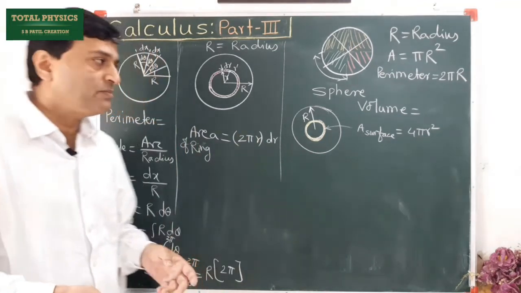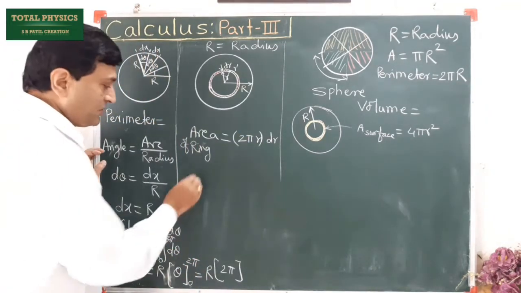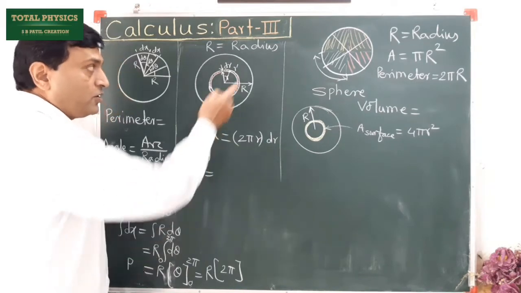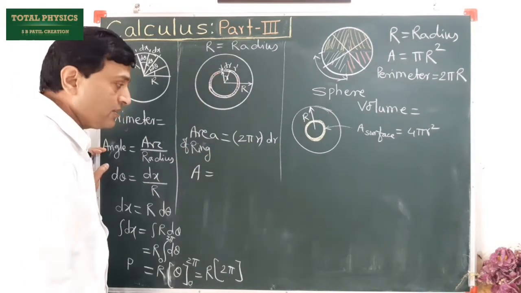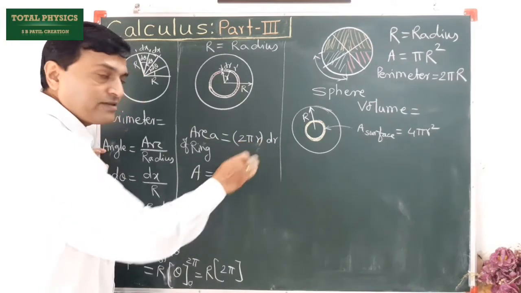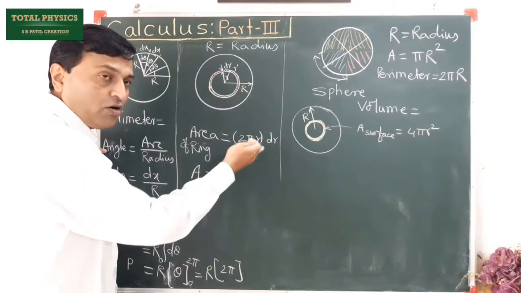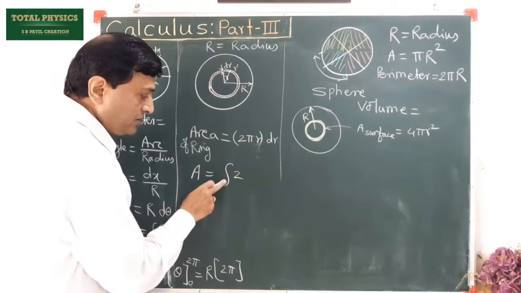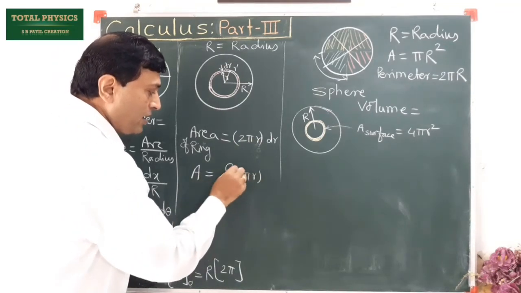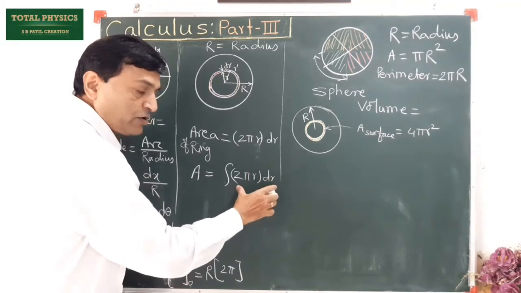That problem can be solved by integration. Means the total area of all small rings is the integration of this, addition of all small areas, addition of 2 pi r dr. This is the area of a small ring.